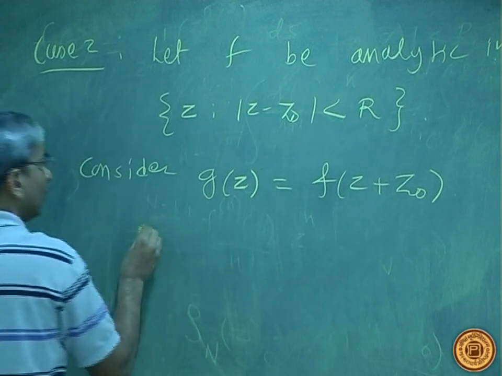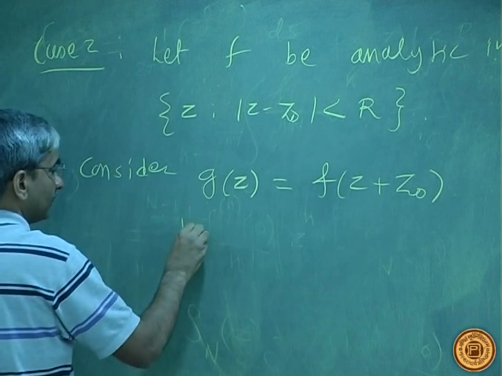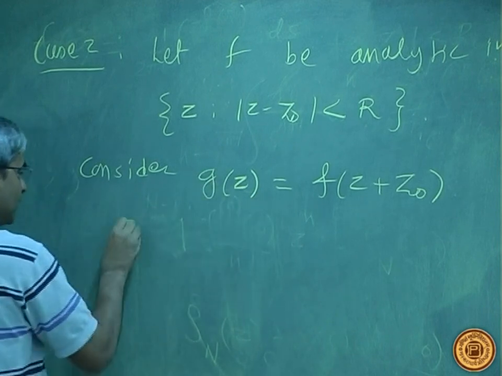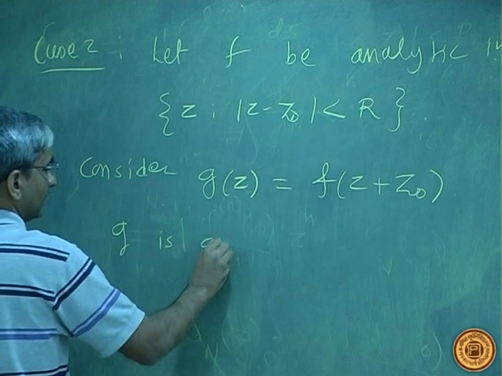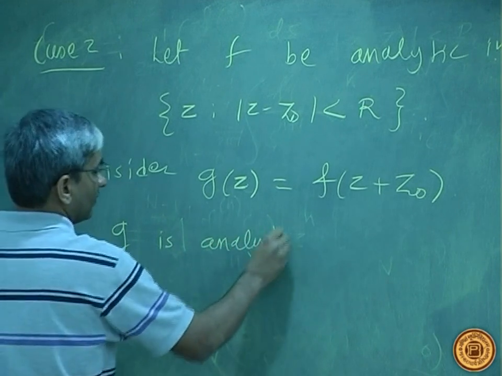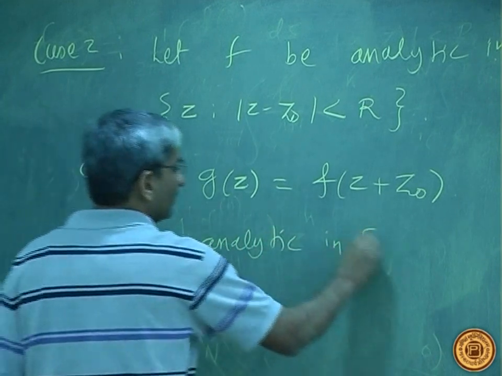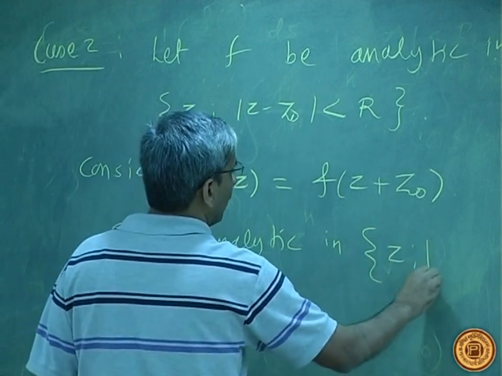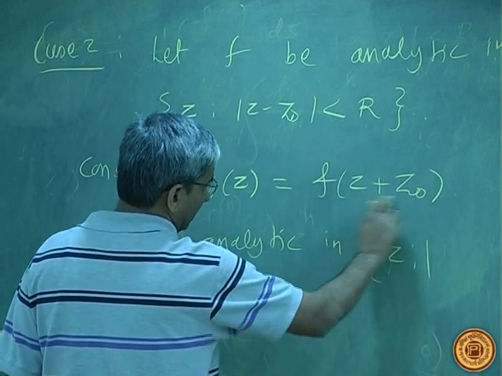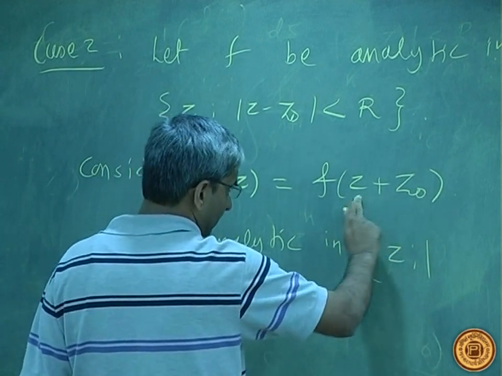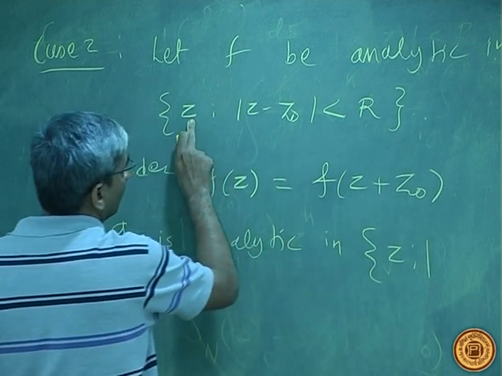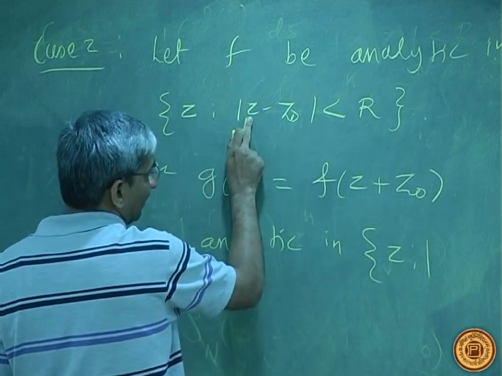So g is analytic in z such that mod of whatever points f is applied to, z minus z naught, that I have put here.